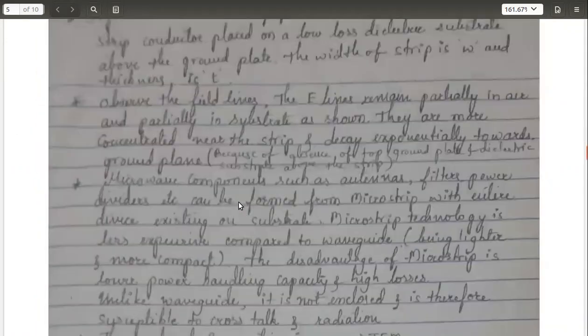This is about the fields. The microwave components such as the antennas, the filters, the power dividers, these are the different microwave components. They can be formed from the microstrip with the entire device existing on a substrate. You can design a device using a single substrate and this setup.